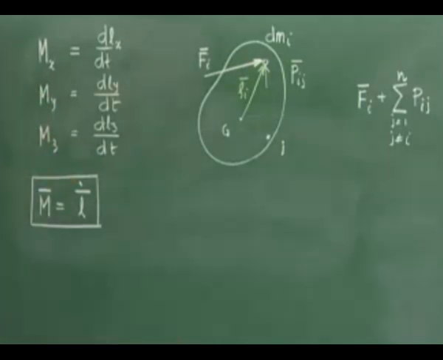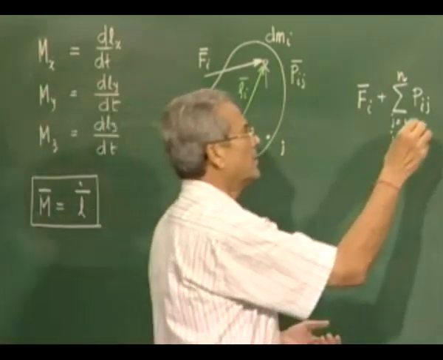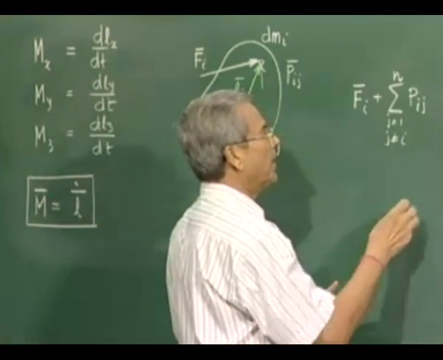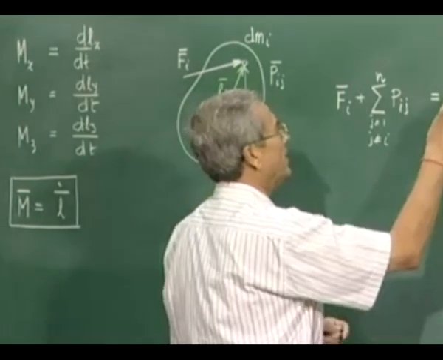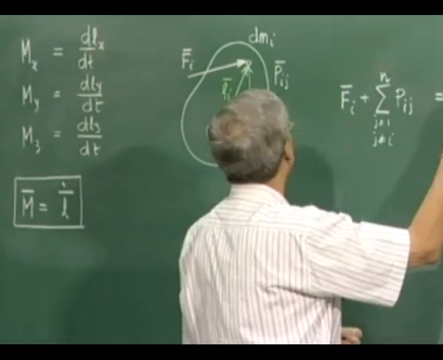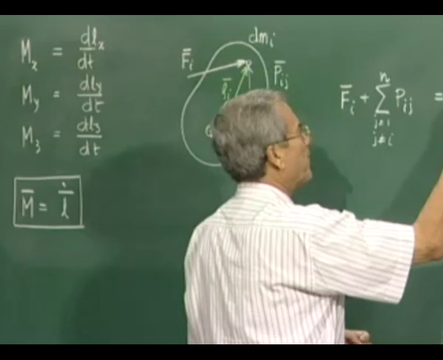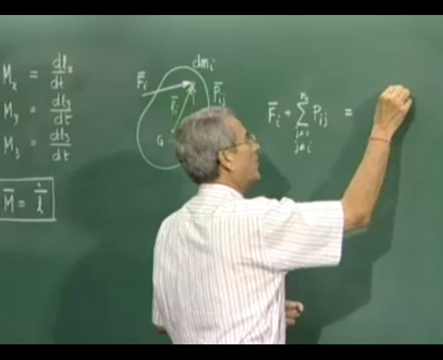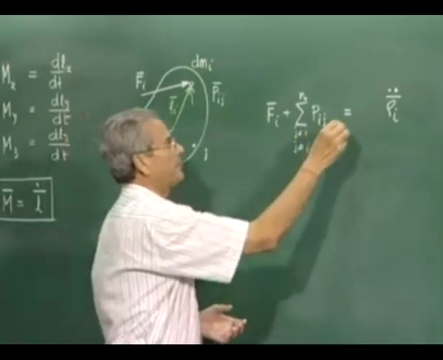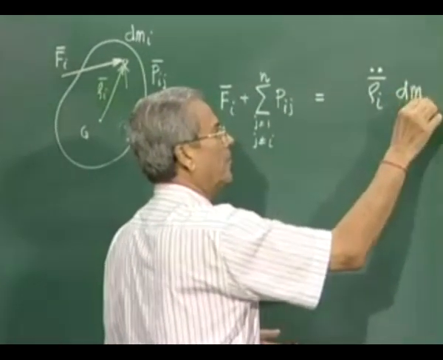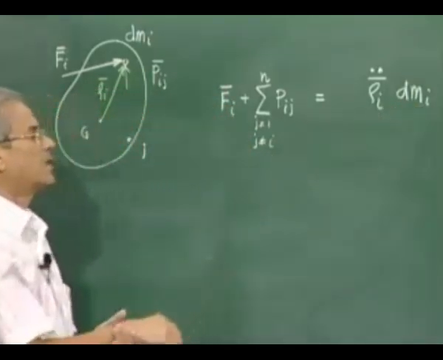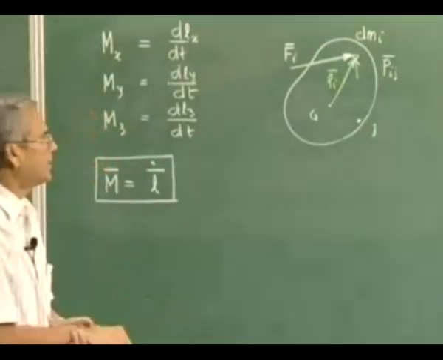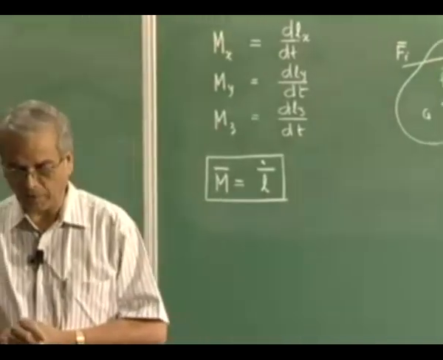So that is the total force acting on the particle, and if this is a fixed point, we can show that this will be nothing but the mass times the acceleration of the particle, treating the center of mass as a fixed point.